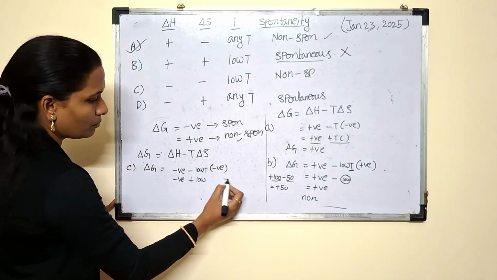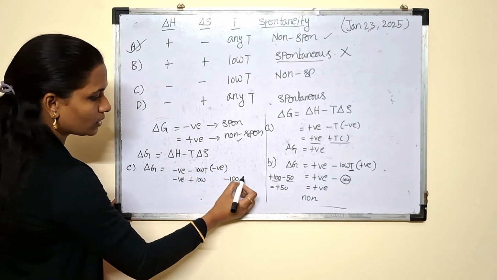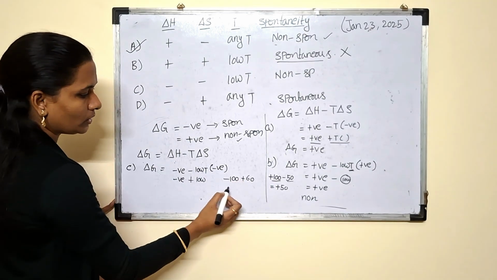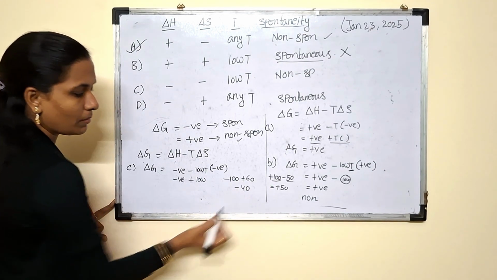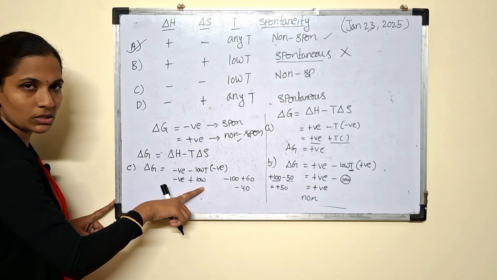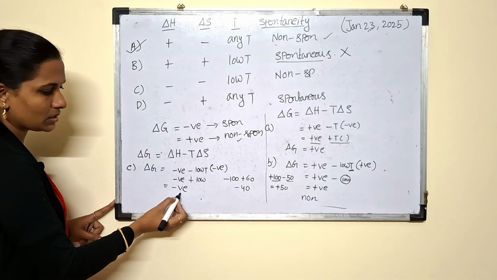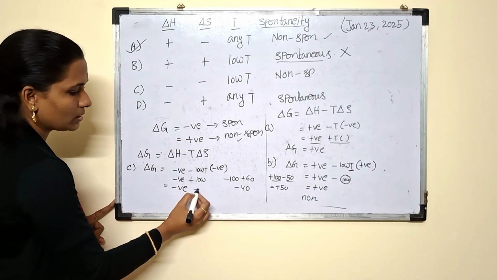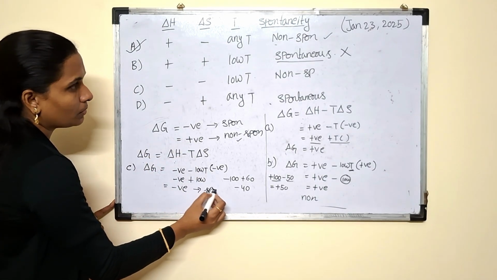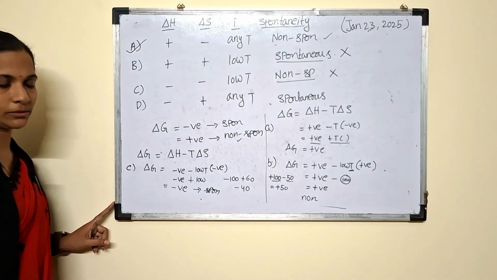For example, delta H is minus 100 and this term is 60, so the final answer is minus 40, because the negative value is more and the positive value is less. So delta G is negative, which is a spontaneous reaction. But they gave non-spontaneous, so this is also a wrong statement.